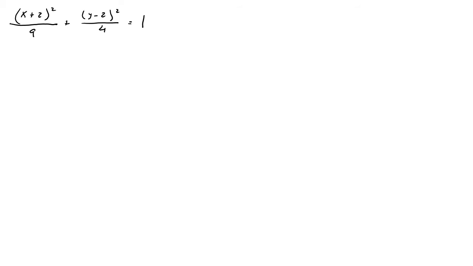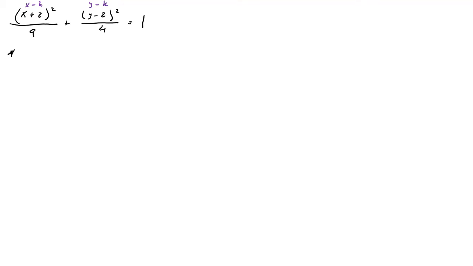Okay, and let's go ahead and list what we know about this ellipse from the equation. First of all, again, this is (x minus h) squared, and this is (y minus k) squared.